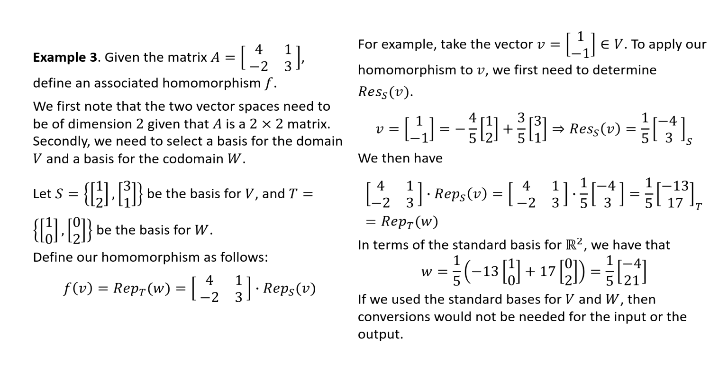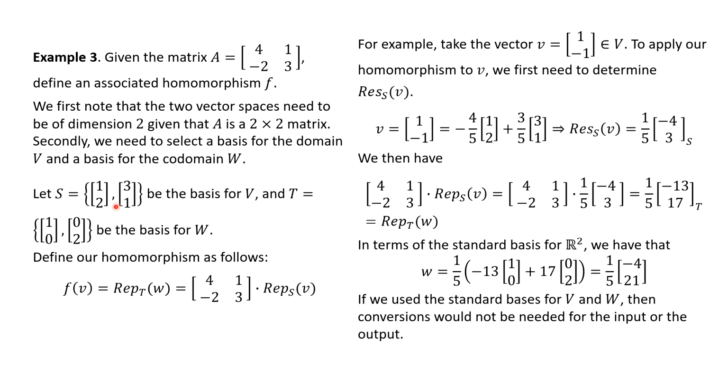We have an example here of the theorem from the previous slide. We're given a matrix A, and we want to define a homomorphism F based on this matrix. We first note that the two vector spaces need to be of dimension 2, since our matrix is 2 by 2. So let's pick bases.